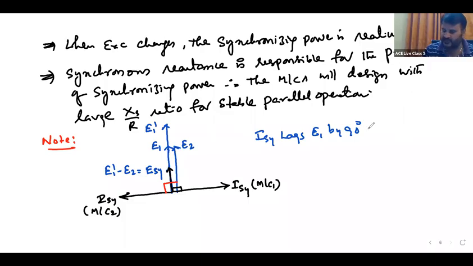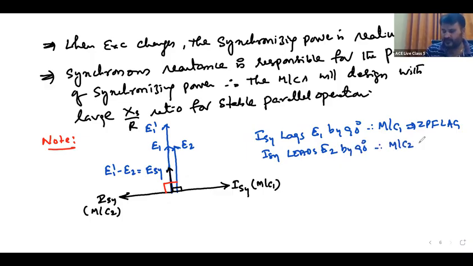Therefore, machine 1 operates at what power factor? Zero power factor lagging. Similarly, ISY leads E2 by 90 degrees. Therefore, machine 2 is at zero power factor leading. Now all the conclusions will come the same.